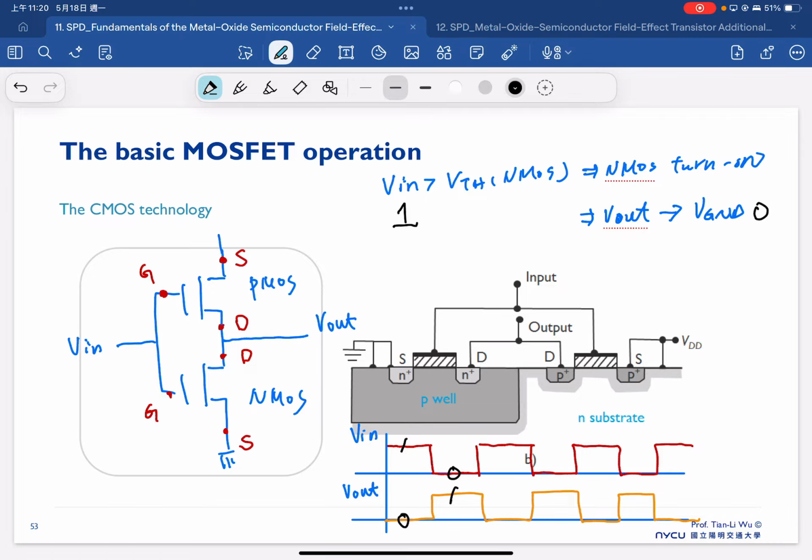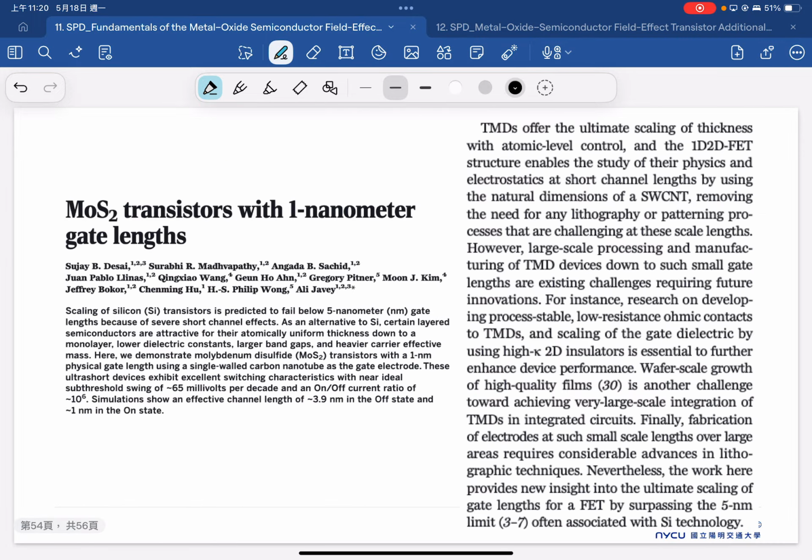So finally, let's look at some of the recent literature. This is a paper published in Nature a while ago, but at the moment it's already demonstrated this 2D transistor, a molybdenum disulfide transistor with a 1 nanometer gate length.